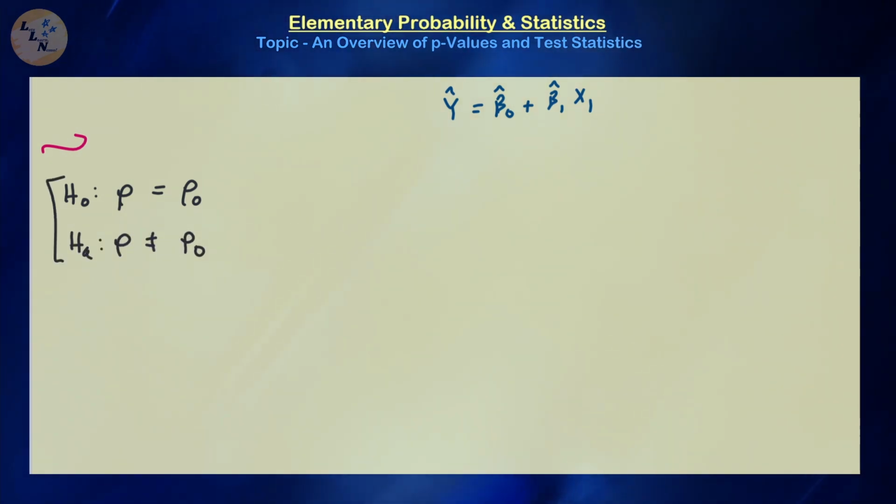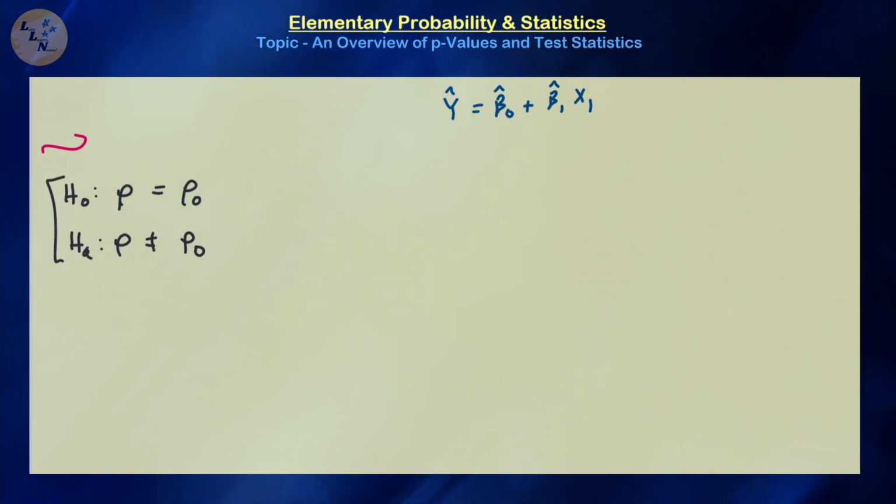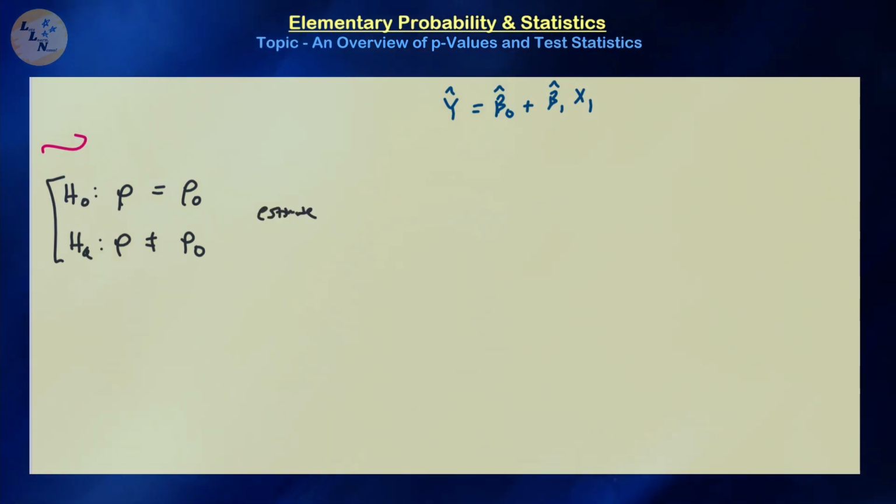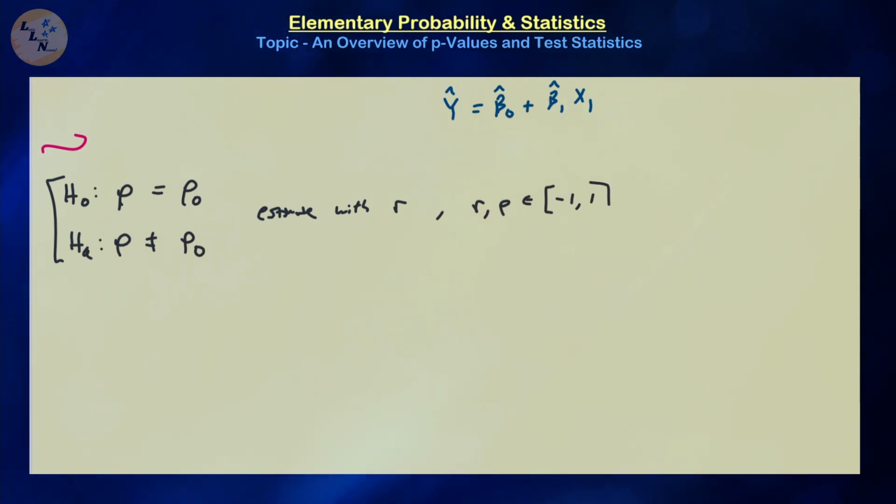Rho is not equal to rho 0. And again, remember that rho is always between -1 and 1, and as usual, we're going to estimate this with an unbiased estimator, which one can show is going to be equal to r, the sample correlation, and again, r and rho are always between -1 and 1, provided that your samples are real number samples.